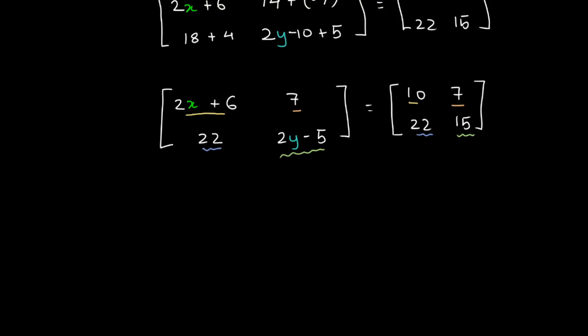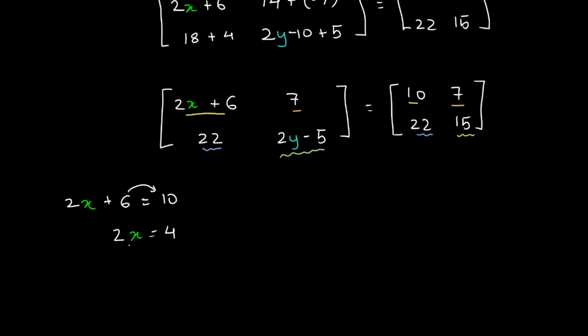So let's solve for x first. We have 2 times x plus 6 is equal to 10. If I rearrange this equation, the plus 6 on the other side makes it minus 6, so 10 minus 6 makes it 4, so I have 2 times x equal to 4.